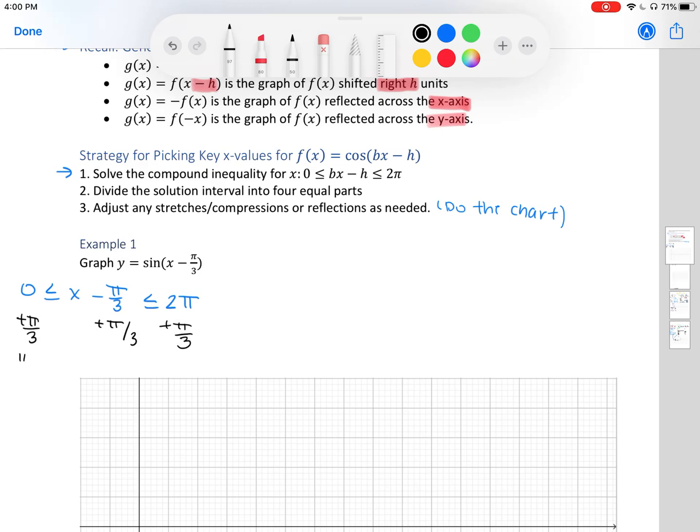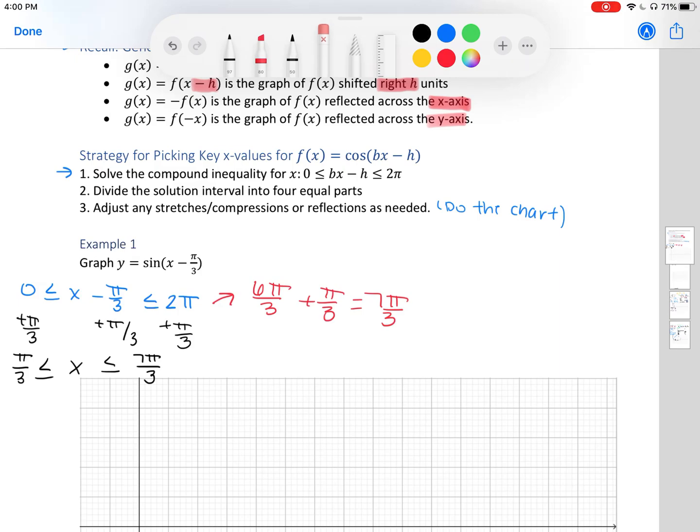So then we're left with pi over 3 is less than or equal to x is less than or equal to 2 pi, which would be 6 pi over 3 plus pi over 3. That gives us 7 pi over 3.